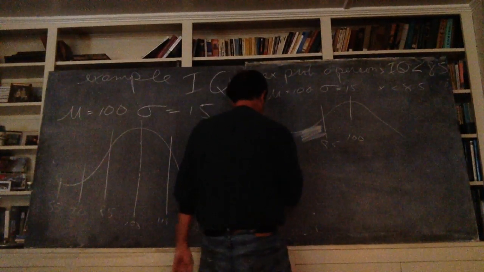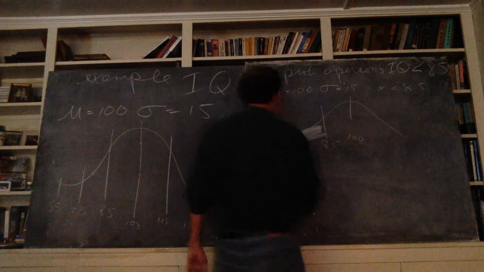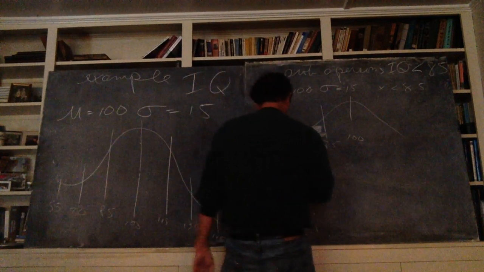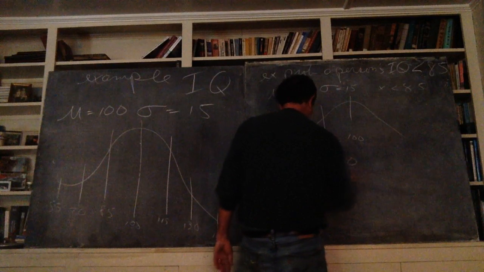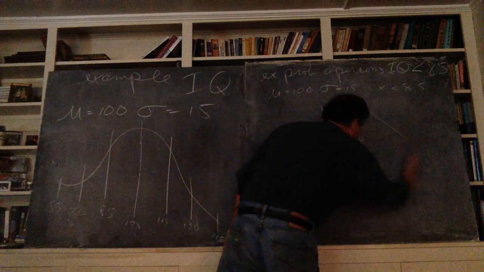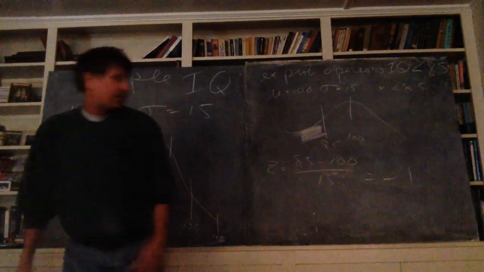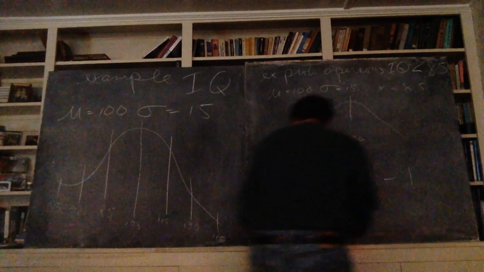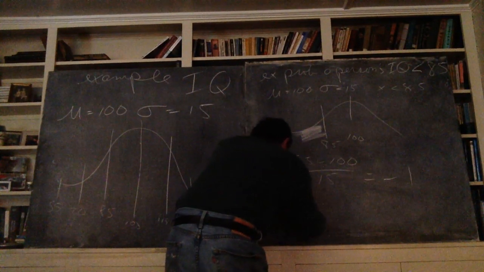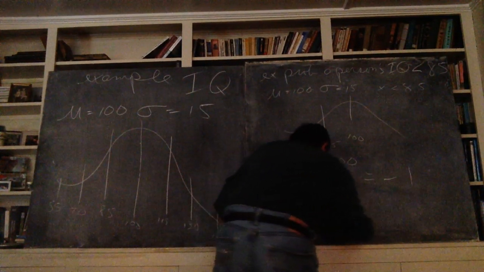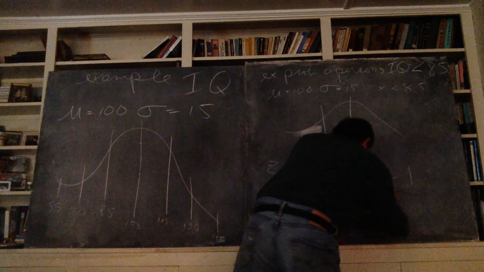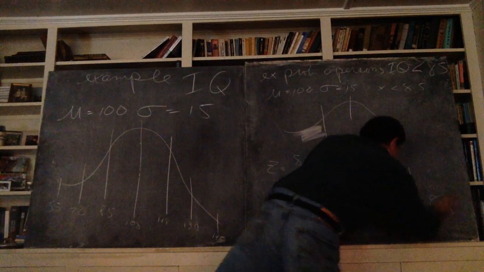Okay, so get the z-value: 85 minus 100 over 15 is negative 1. You look that up and you get almost 16%, 1587, I think. 15.87% have IQs less than 85. Stop. It's 8 minutes.